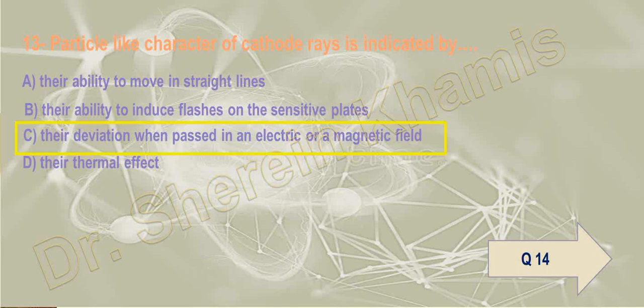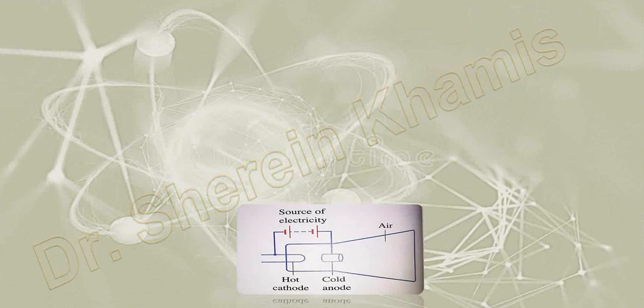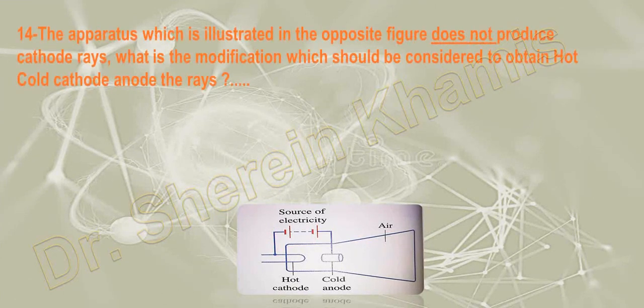Okay, let's go to the next question. Here we have the apparatus which is illustrated in the opposite figure. We have here another shape for the cathode ray tube. We have the cathode, the anode on the other side, a cold anode and a hot cathode, and a source of electricity.